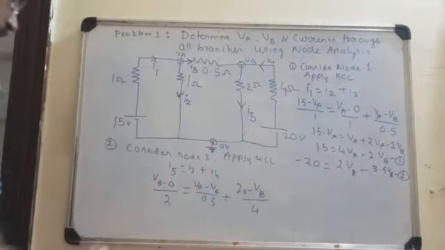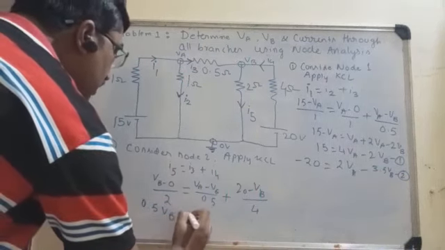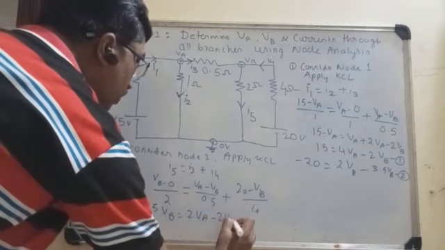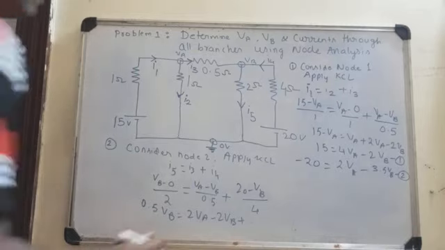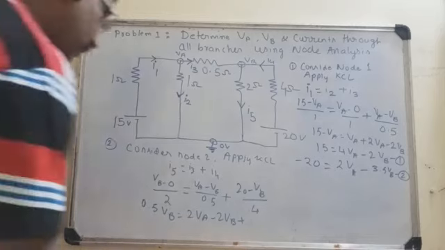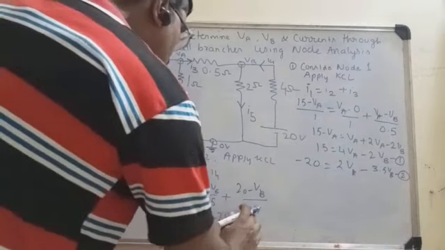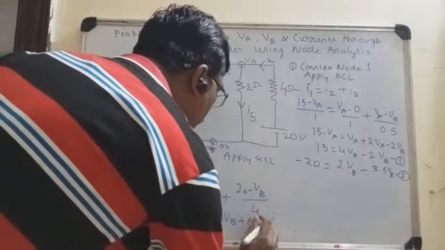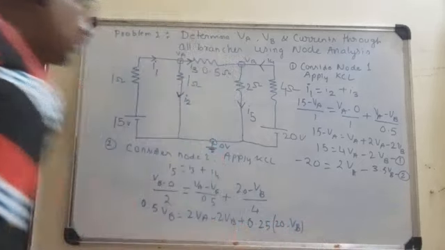So you can see here, 0.5 VB is equal to 2 VA minus 2 VB plus 1 by 4, which can be written as 0.25 into (20 minus VB).